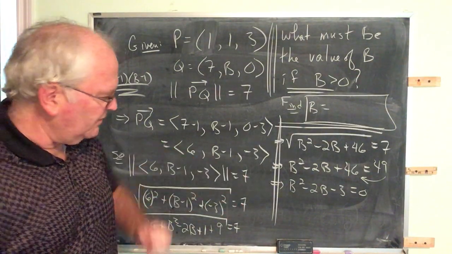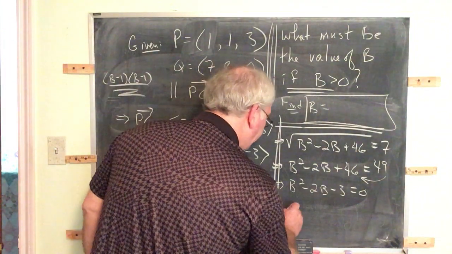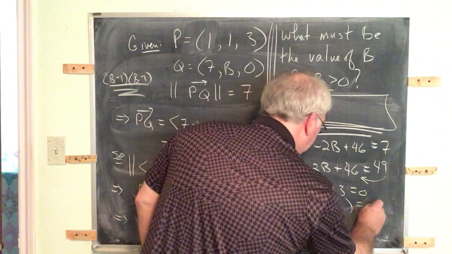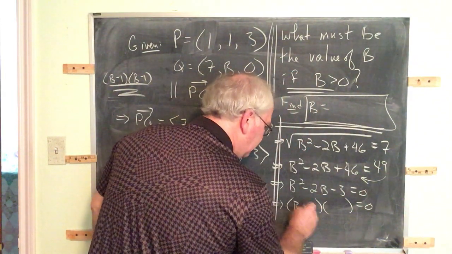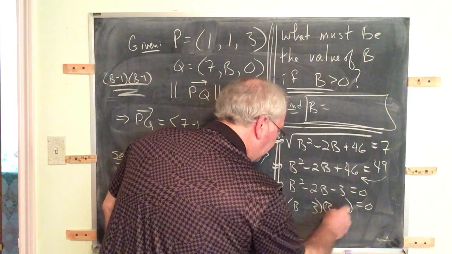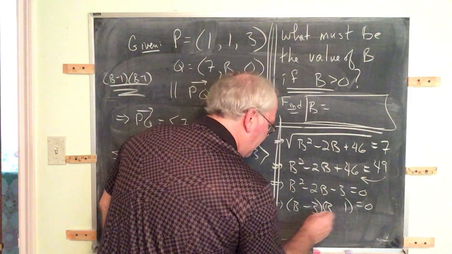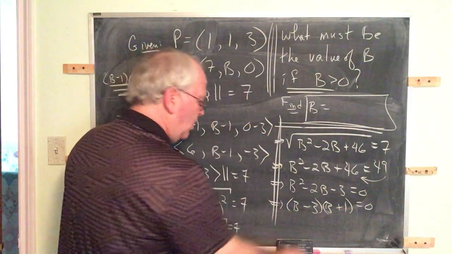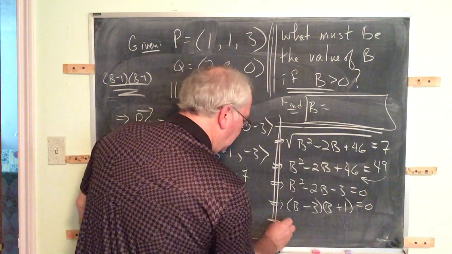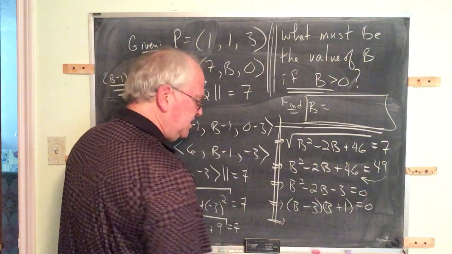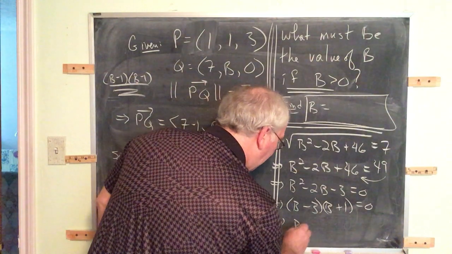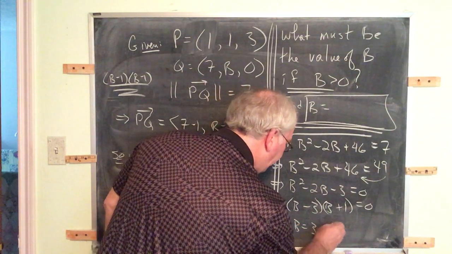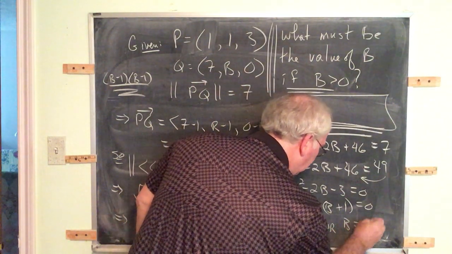A simple factoring will take care of this. We have b and b, we have 3 and 1, and we need b minus 3 and b plus 1. The zero product property says set those to 0, solve each of those. From that we have b is equal to 3 or b is equal to negative 1.